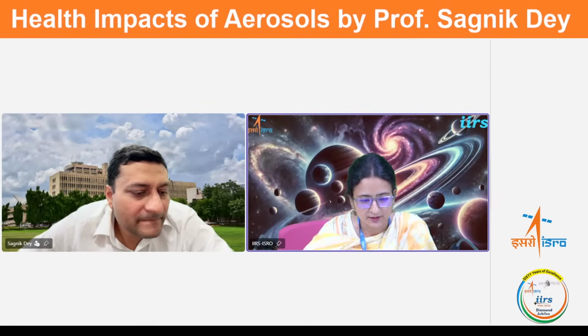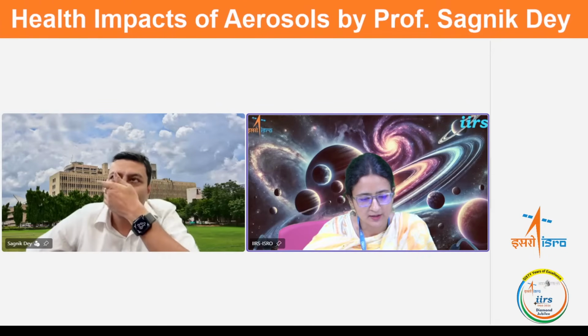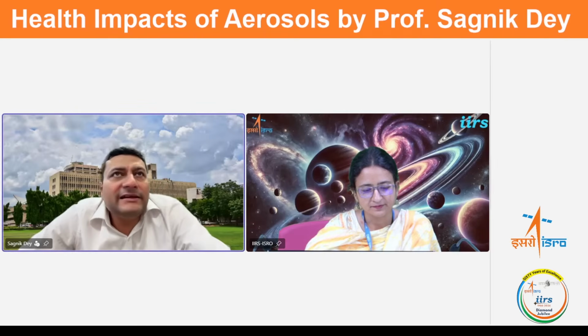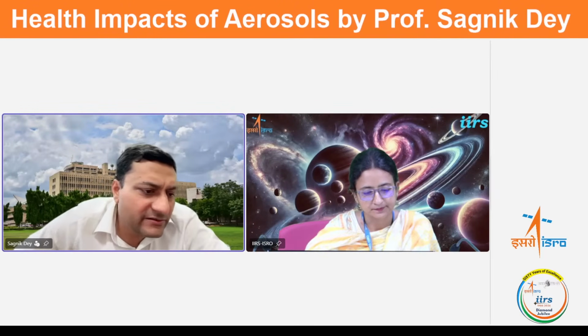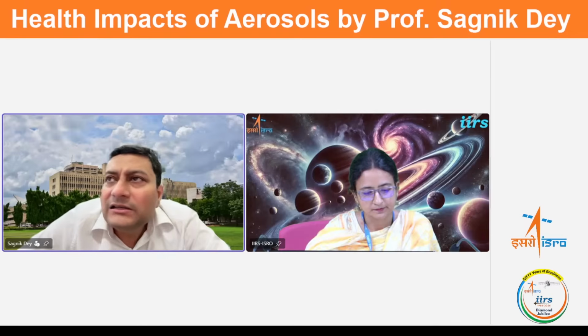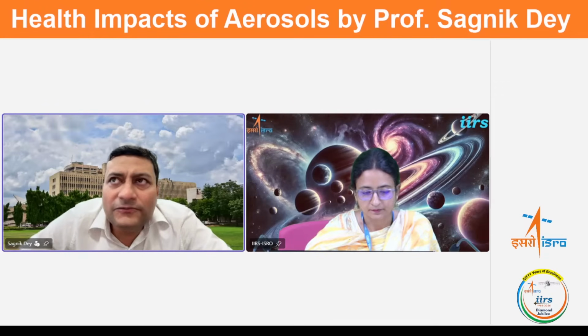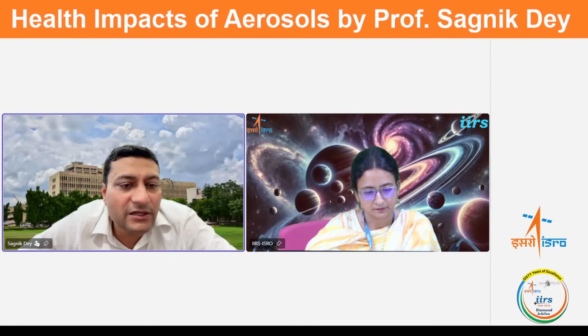So another question is how do researchers estimate long-term health impacts when satellite observations only provide snapshots in time? Okay. Yeah, I mean, as I explained, long term means 10 years, 15 years, but from satellite you can generate long term concentrations, right? So far we have generated 25 years of PM 2.5 concentrations, 25 years of NO2 concentrations and all.